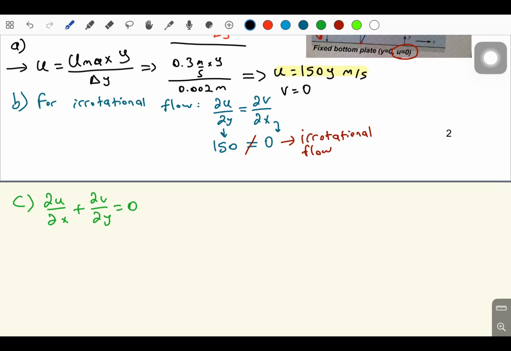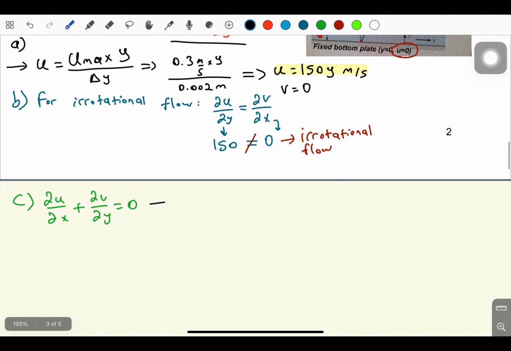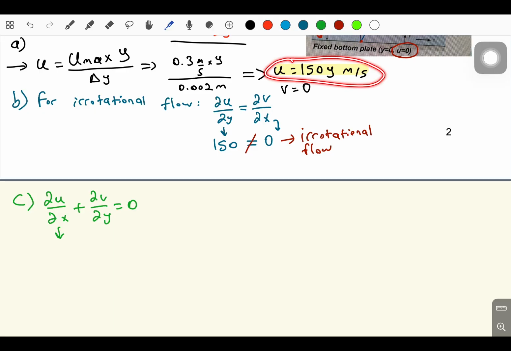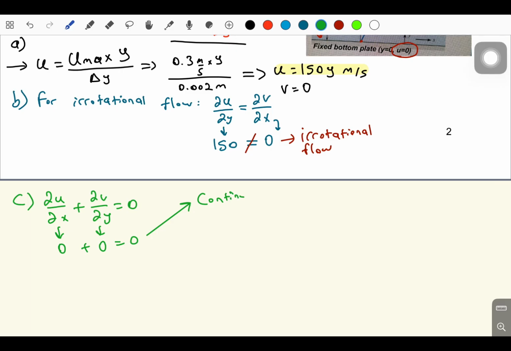So this is directly 0. And that's why we had 0 here. So here, there is no x term in u, so it is 0. And also v is 0. So we will get 0 plus 0 equal to 0. This means continuity is satisfied.